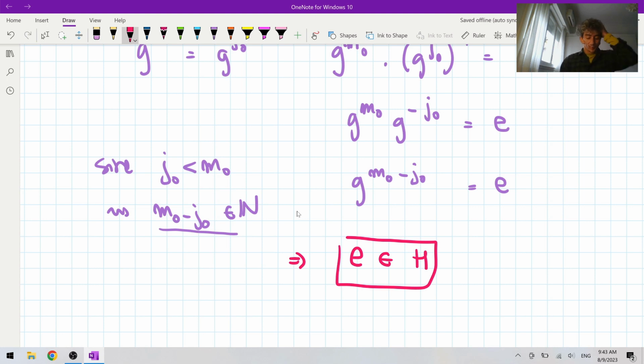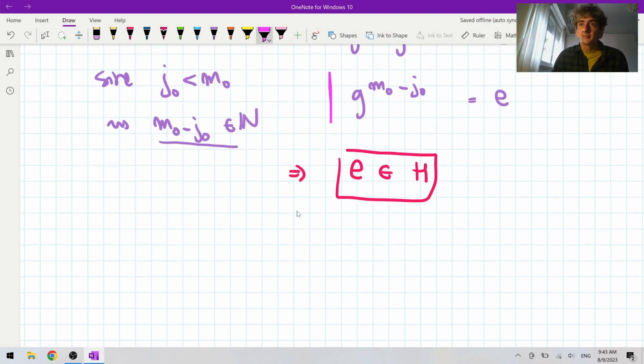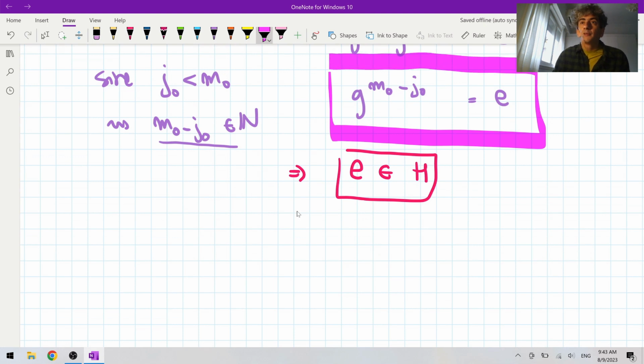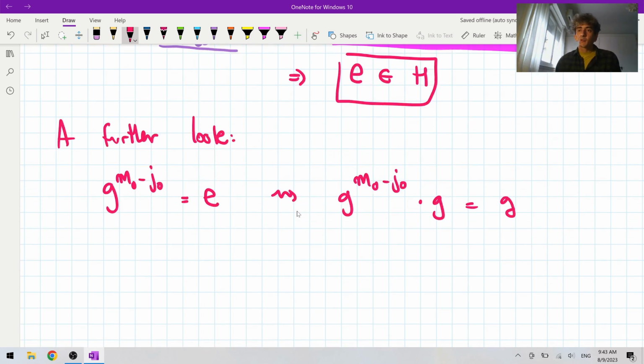Okay, so there's even more, because this very line tells us more. A further look: this line, if we multiply by G, gives us this equality, and this is obviously G to the M naught minus J naught plus 1.